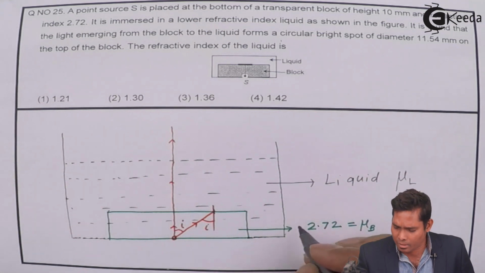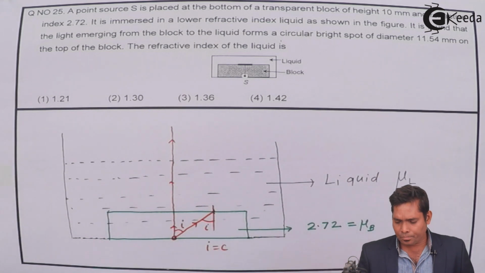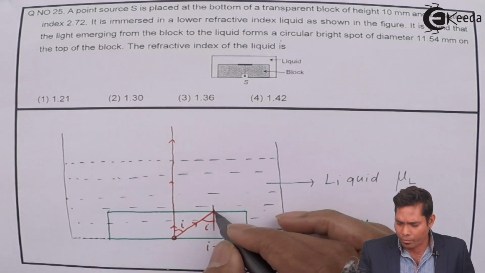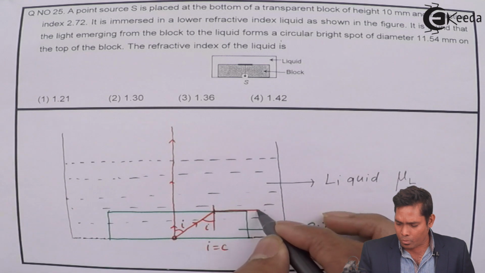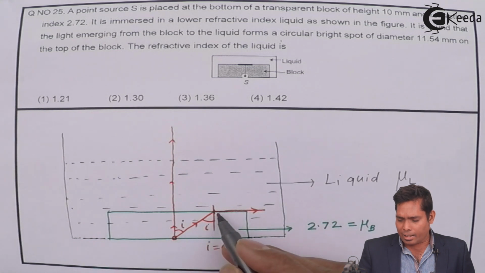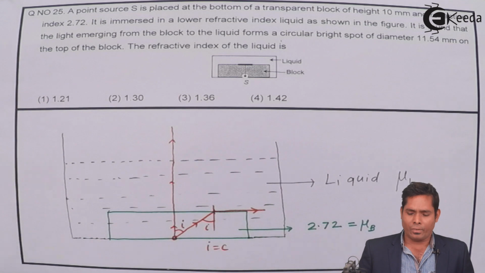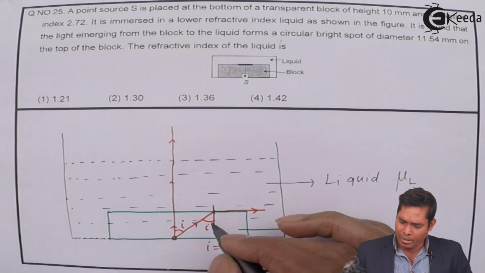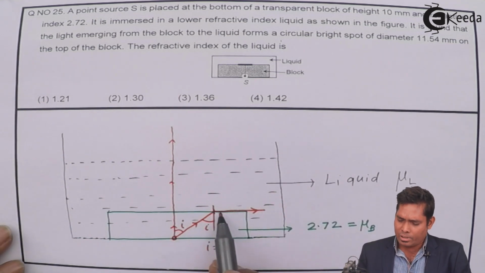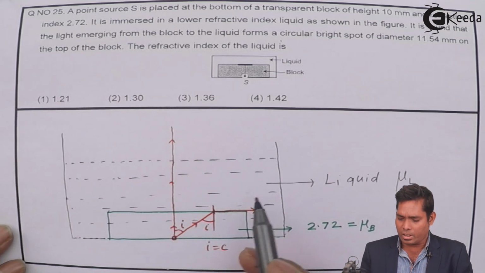If this angle is equal to the critical angle, then the ray will follow this path and move straight. If this angle is greater than that, it will go for total internal reflection. So beyond this region of the block there is no light, because light is not coming out, you cannot see it.